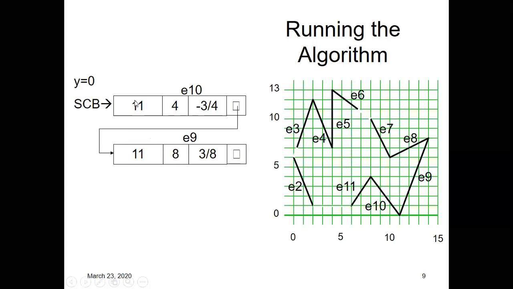Look at the first data of E10 and the first data of E9. The first data of E10 is 11, the first data of E9 is 11. So from 11 to 11 you need to fill. So my filling goes like this. You understood now?